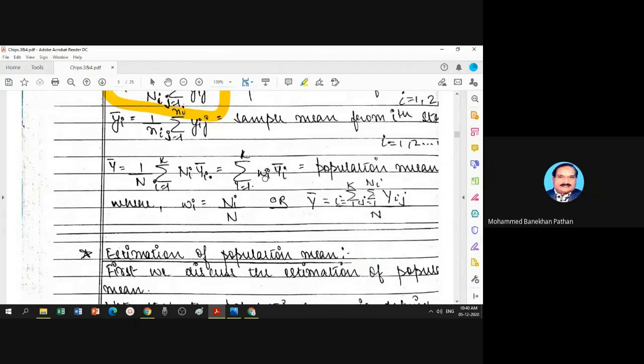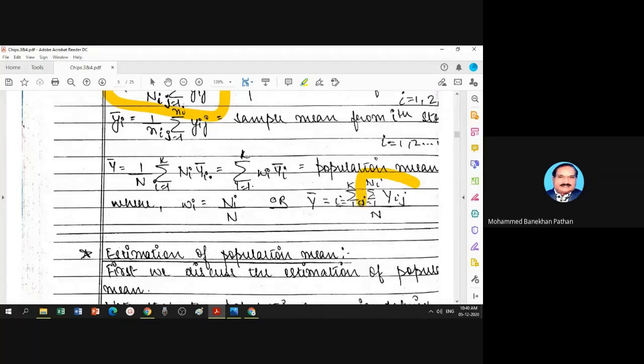So this is the formula for the population mean, where Wi is taken as Ni upon capital N, you may call it a proportion, or you can write Y bar as 1 upon N, summation i from 1 to K, j from 1 to Ni, Yij. How does this formula come?